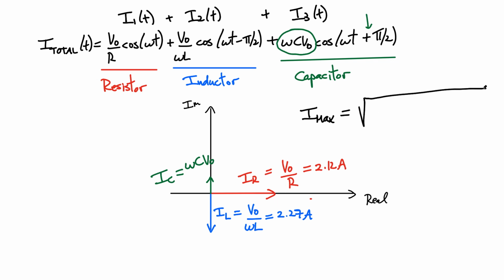And it ends up looking like this. So you get IR squared, plus, now it's the difference between the inductor and the capacitor, and you have to square that term. And this is exactly what the previous expression was for my maximum current. What I'm now interested in, however, is the phase angle. Right? My goal at the end was to write I total as some number.